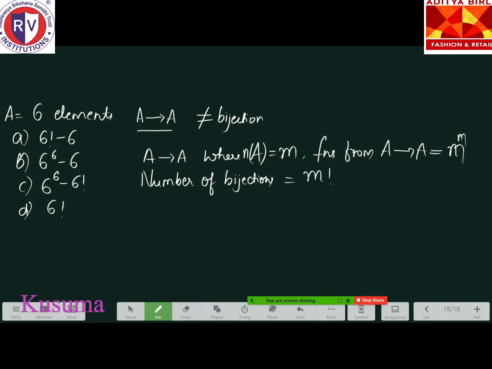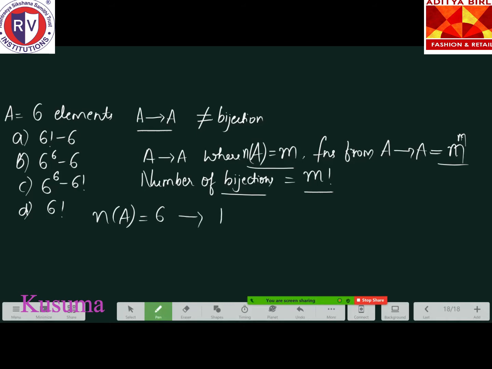Okay. So the total number of distinct functions that can be defined from A to A, where n of A is m, will be given by m to the power of m. And the number of bijections from the set A to A will be m factorial. So here n of A is given to be 6, right?